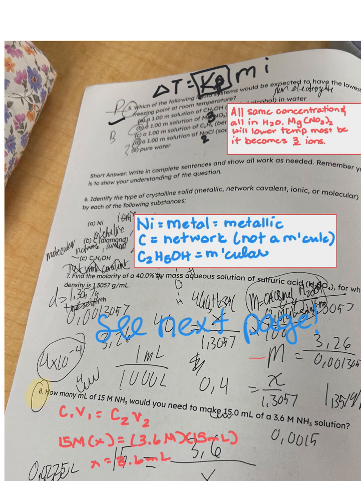This one is an easy equation because it's just a proportion. Concentration and volume of your first solution is going to be equal to concentration and volume of your second. Their product is going to be constant, which made this one really easy because I have a 15 molar solution and I don't know how much I need to make a 3.6 molar solution in 15 mL.